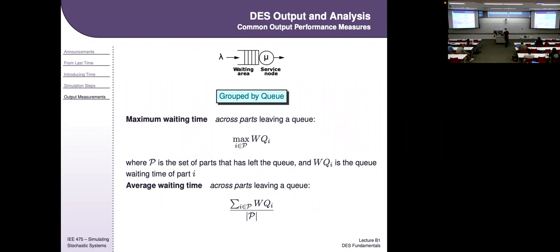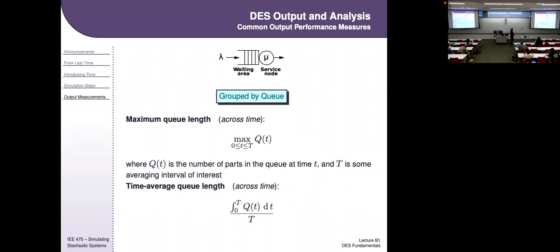I don't care what type of part or entity they were, how long did they spend waiting in that queue? I could take the maximum waiting time in that queue, or I could take the average waiting time for this queue. Whichever part arrived in this queue, if I aggregate over all of the ones in that queue, what is the average waiting time?